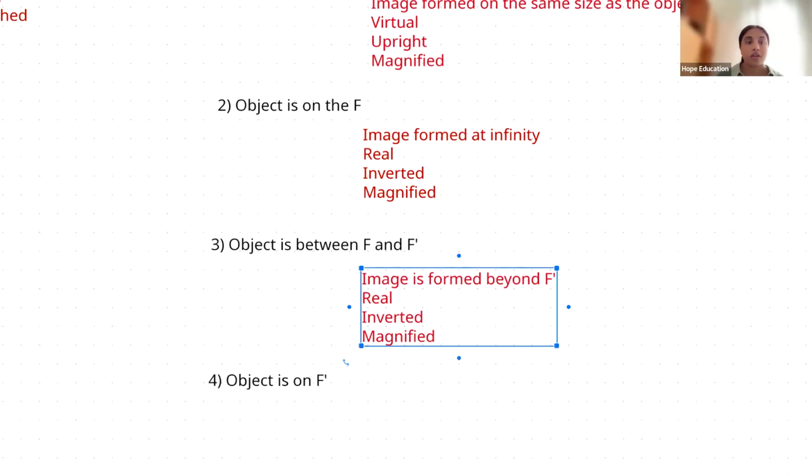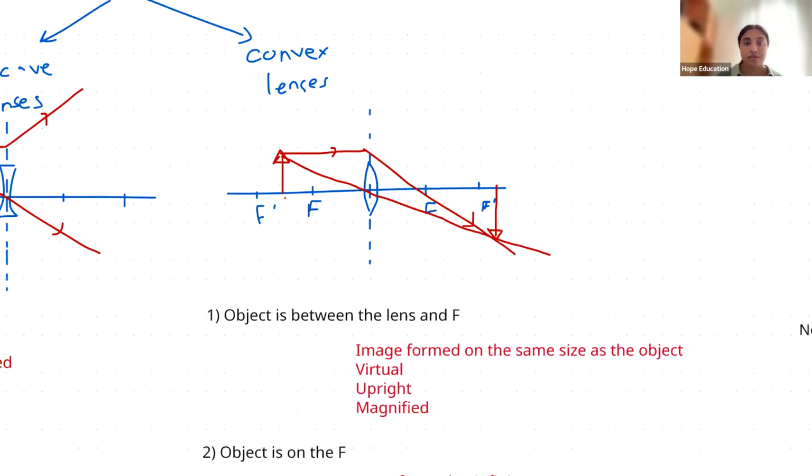So what happens? The object is on f dash. Where will the image be formed? Tell me, children. Others? The image will also be formed on f dash on the other side.